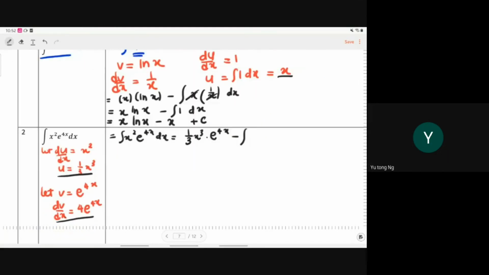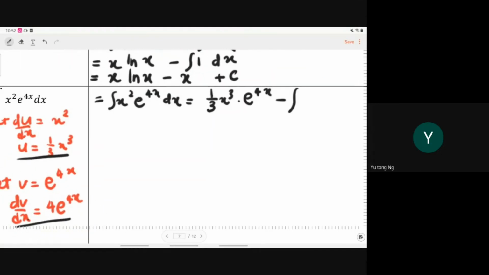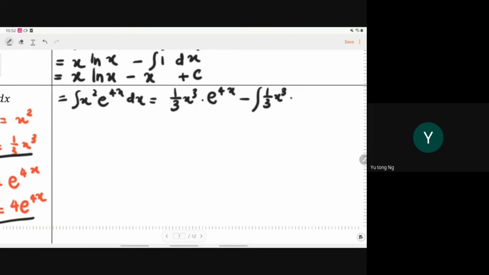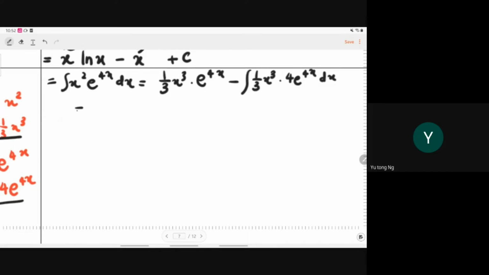So your u is 1 over 3 x cubed multiply with your dv dx, which is 4e^4x dx. So kita akan dapat jawapan. This one simplify, tak ada boleh apa-apa pun. x cubed e^4x over 3, minus, kita take out the constant, 4 over 3 x cubed e^4x dx.